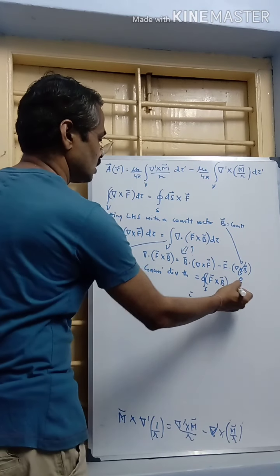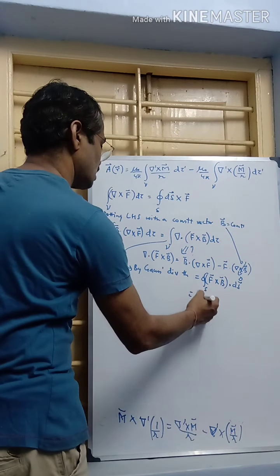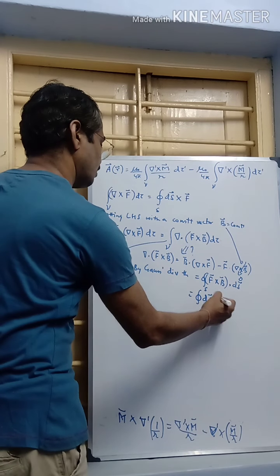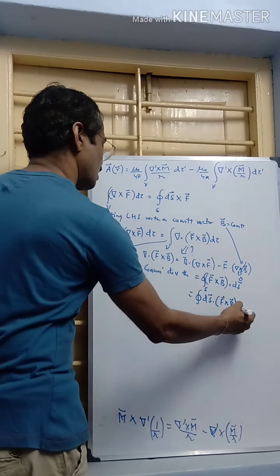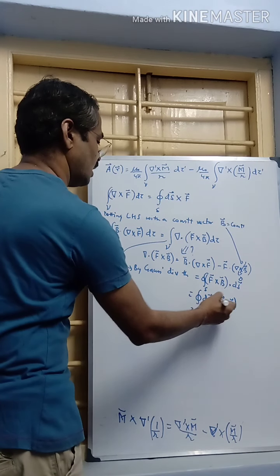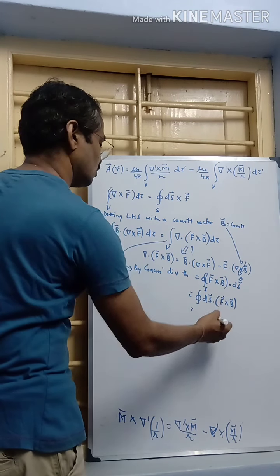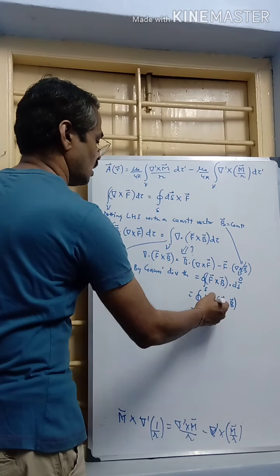Now this is a dot b cross c. If we want to eliminate the constant vector b, then we can use a dot b cross c equal to c dot a cross b.